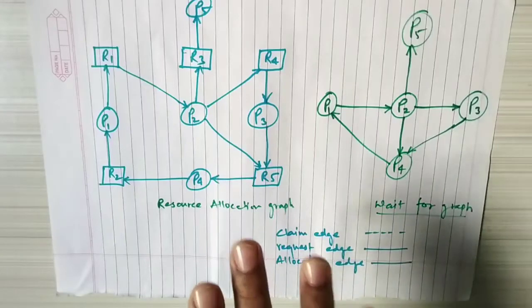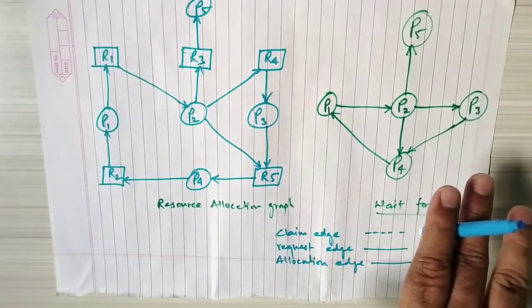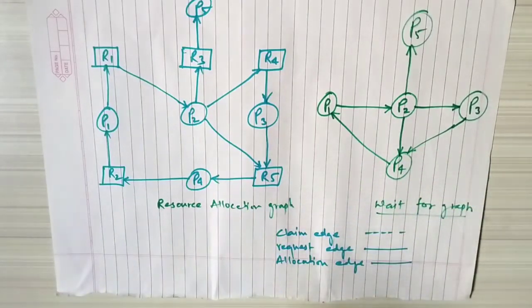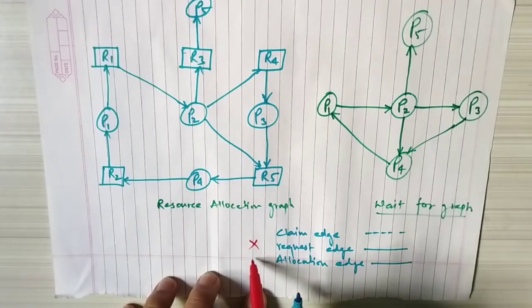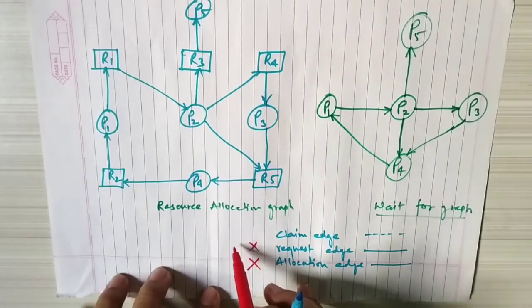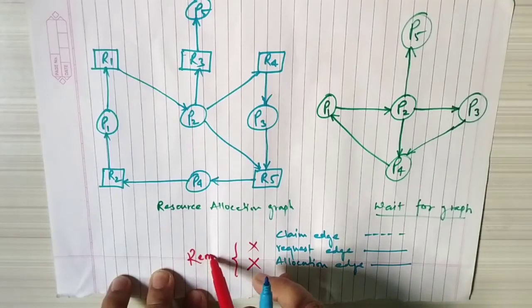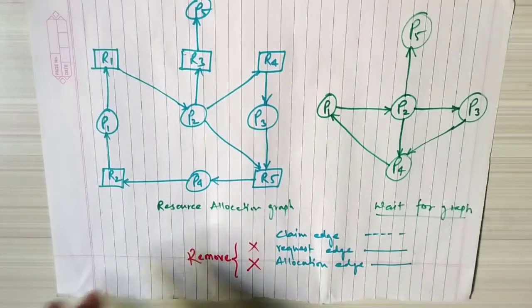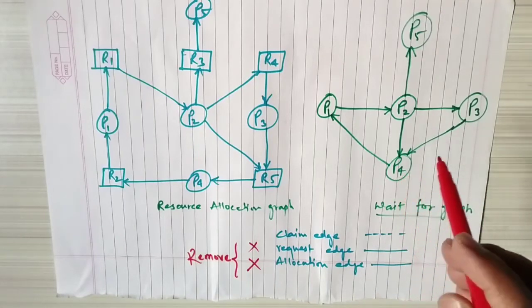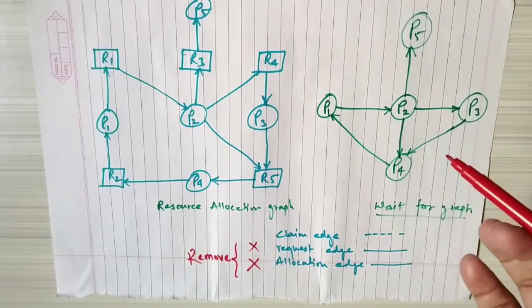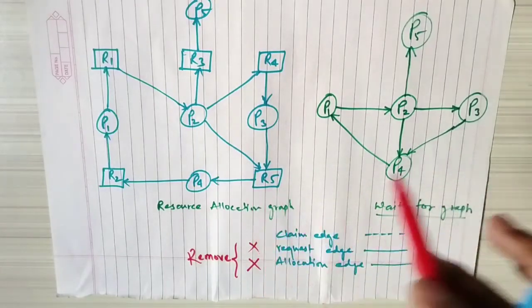While converting from the resource allocation graph to the wait-for graph, we have to remove all the request edges and allocation edges. We have to remove these two kinds of edges, and we have to put the claim edge. So this is how we have converted it from the resource allocation graph to the wait-for graph.